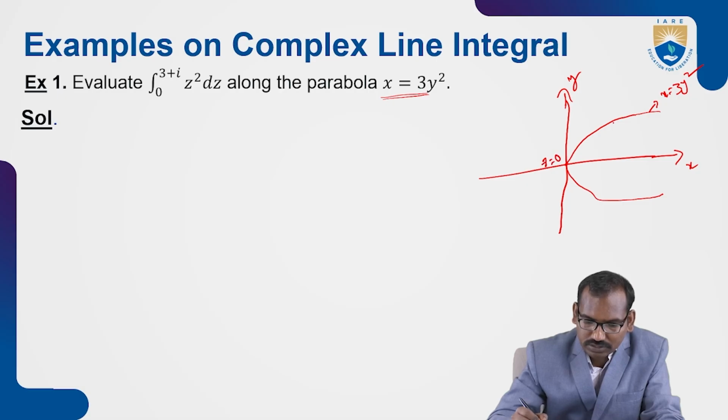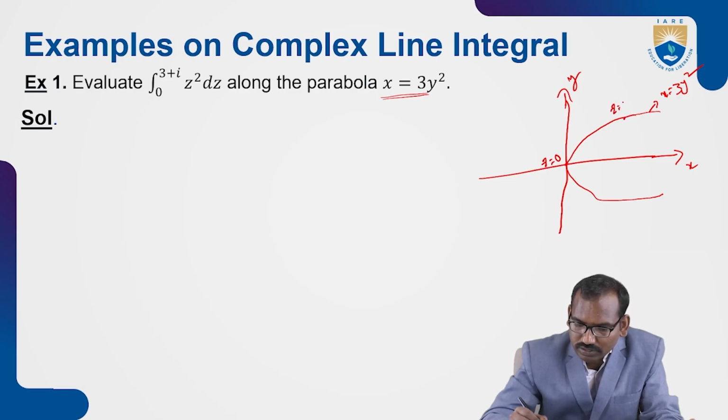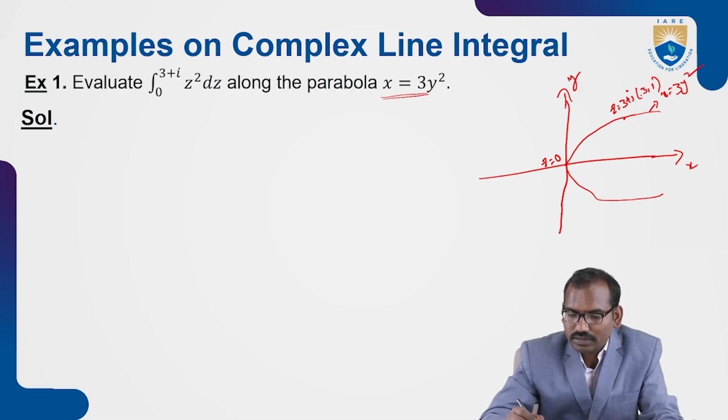And we have another point, 3 plus i, which in coordinate form is (3, 1).